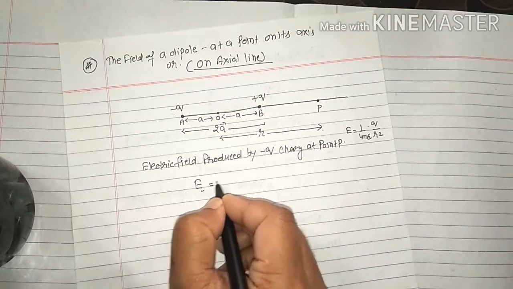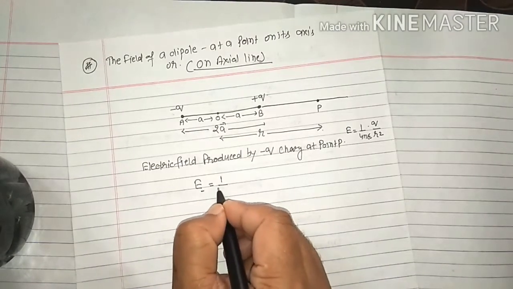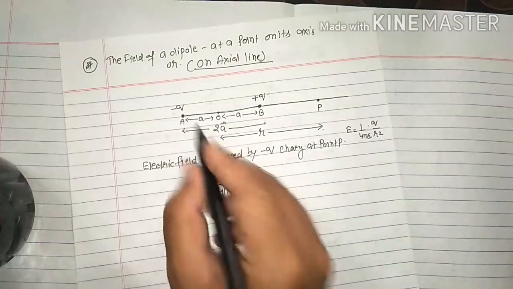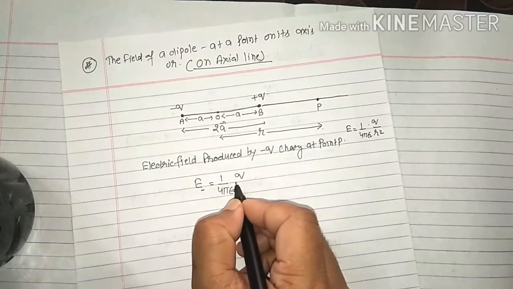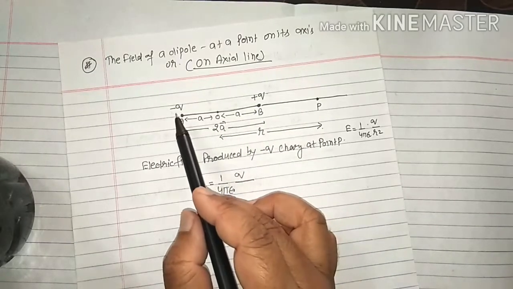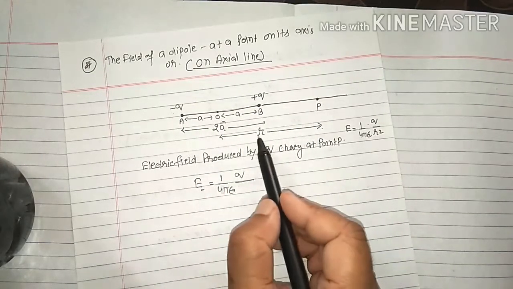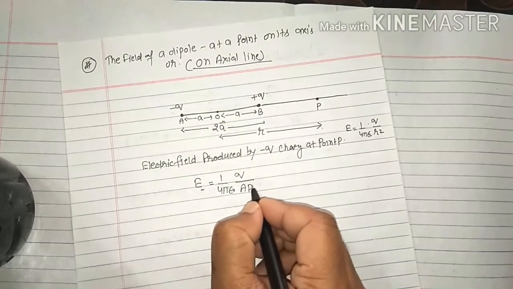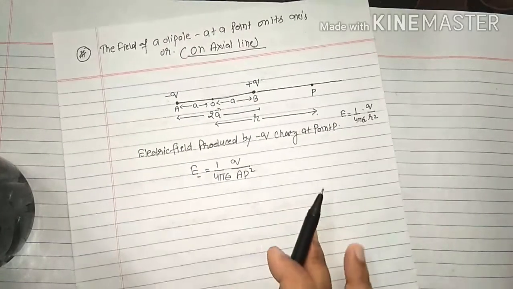E minus is equal to 1 upon 4 pi epsilon naught, the magnitude of that charge is q, and the square of the distance between the charge and the point of observation, which is AP square.